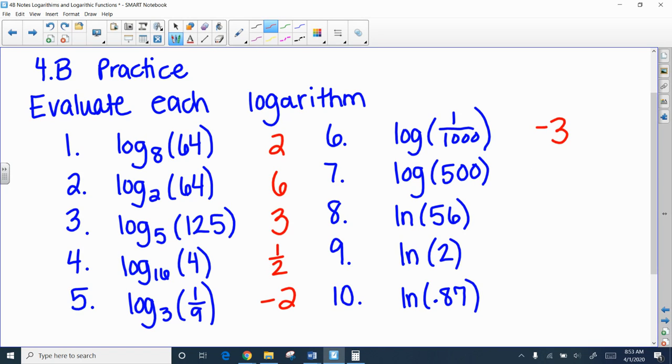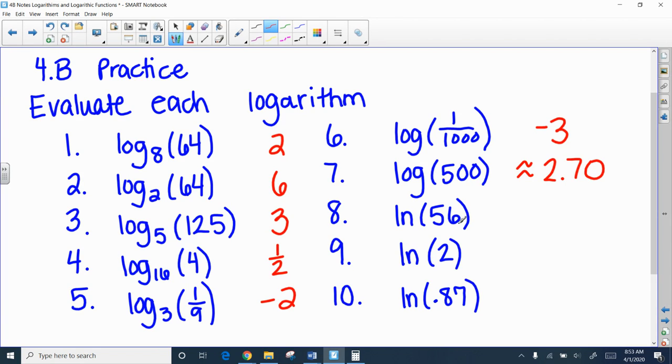Number 7, there's not an exact number, so we have to use our calculator to get a decimal approximation. And the decimal approximation is approximately 2.70 if you round it to 2 decimal places.